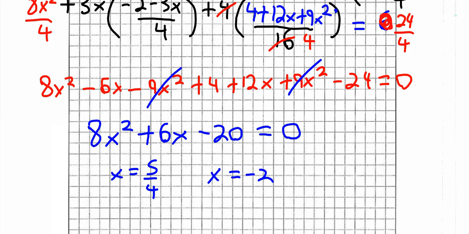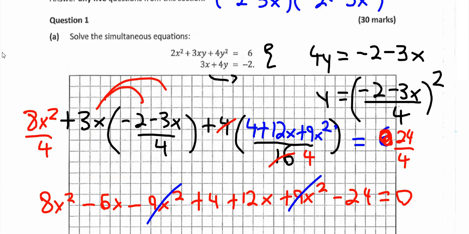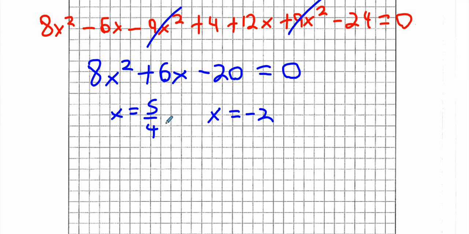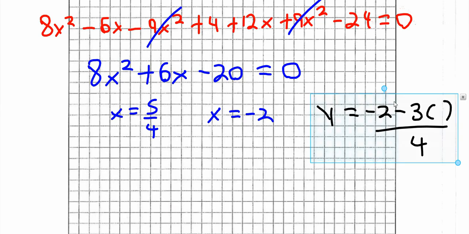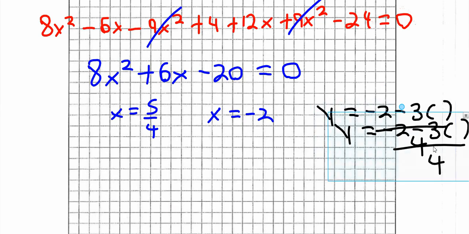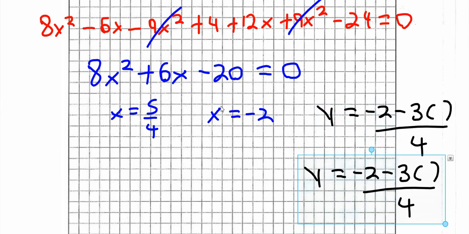And then I sub it back into the original, which is y. Y is minus 2 minus 3x all over 4. I need to clone that. And I'm going to put in my two values. 5 over 4, is it?